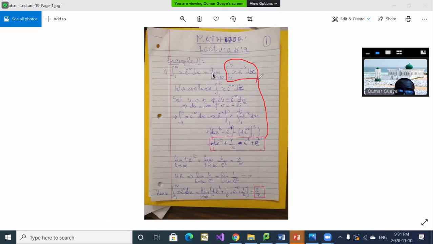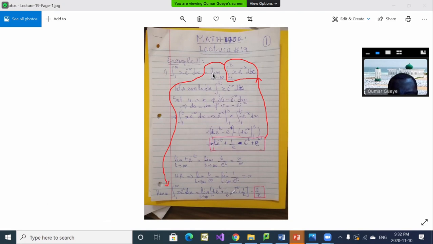And by doing so, I get exactly this. And I already proved the first term is going to 0.